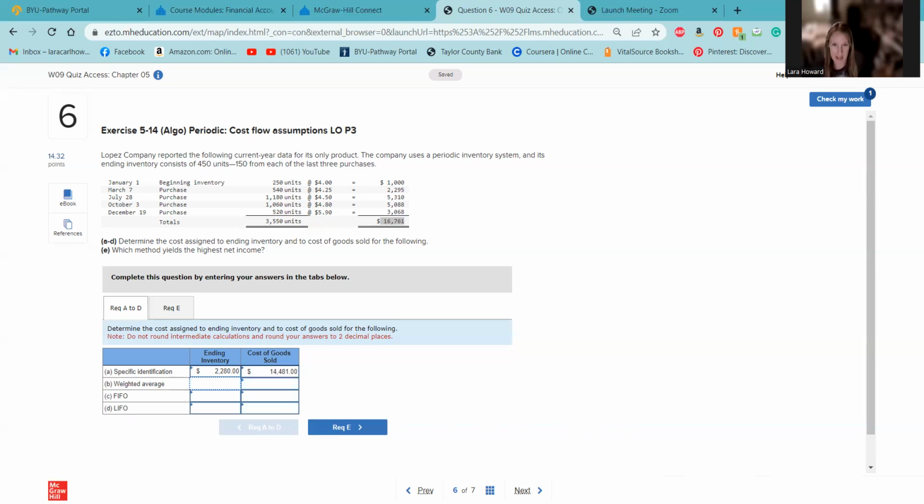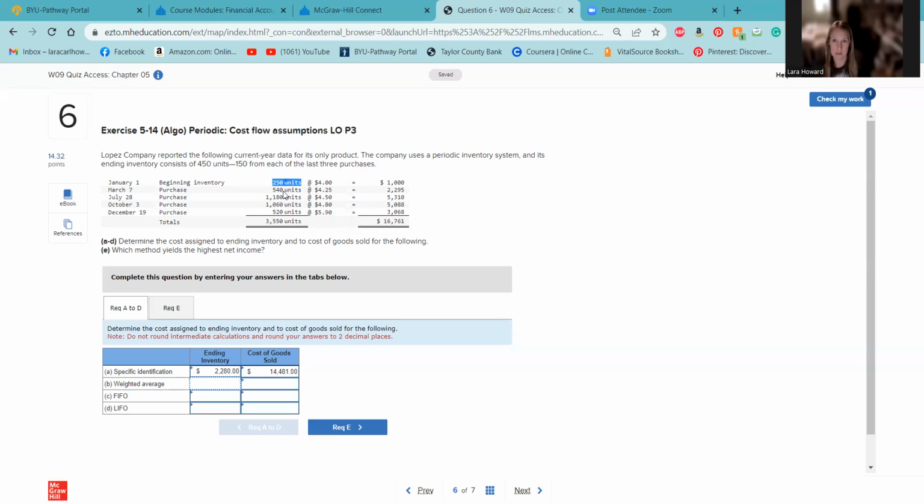All right, let's go to weighted average. Weighted average is the cost of these units added together and divided by the total units. So we take this total, because we want the total amounts, divided by the total units.